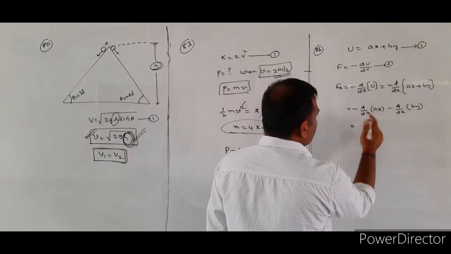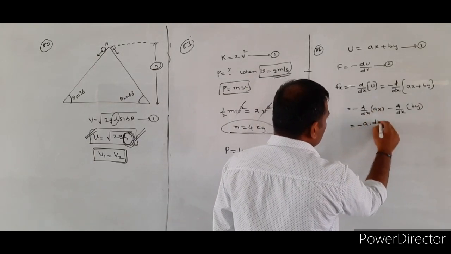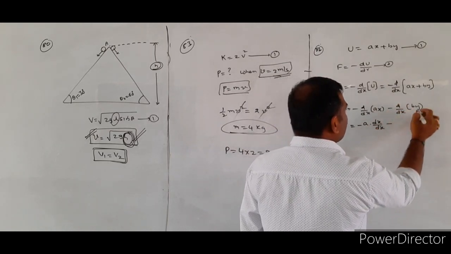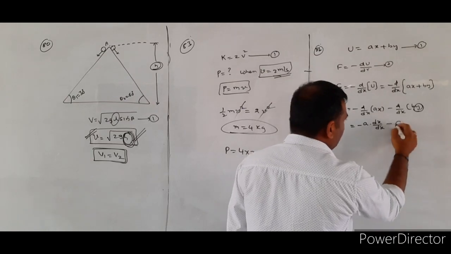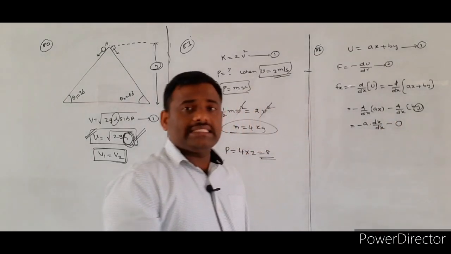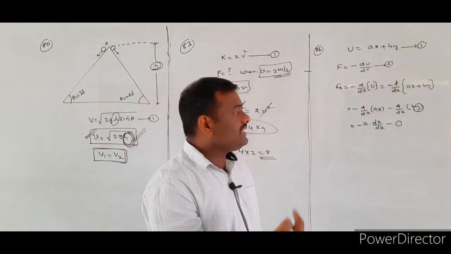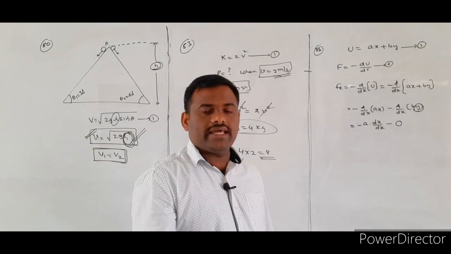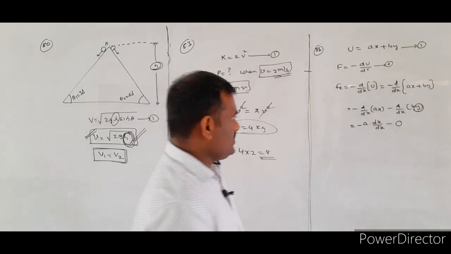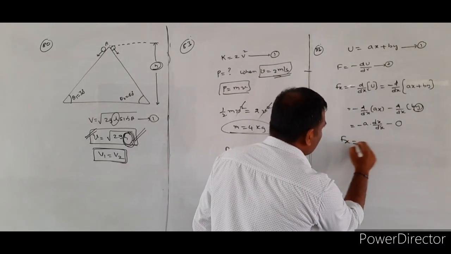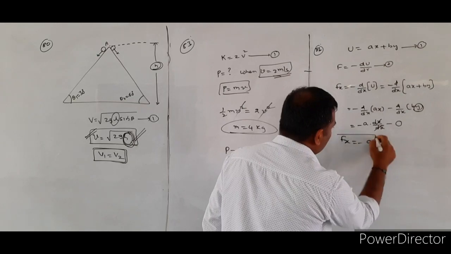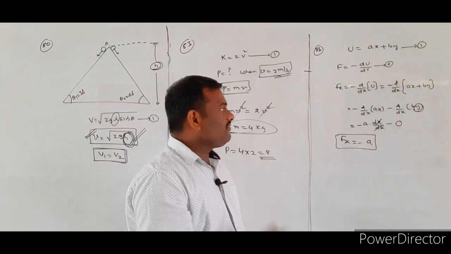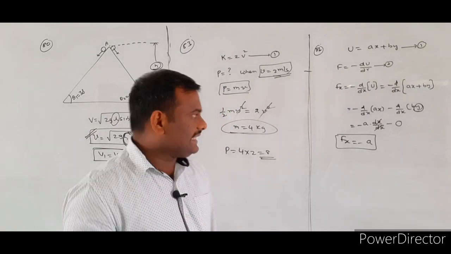A will be a constant, so the first term is minus a times dx by dx, and the derivative of the y coordinate with respect to x is equal to 0. Whenever you are differentiating with respect to x, any other coordinates present are treated as constants, so their derivative value is 0. Therefore, Fx is equal to minus a. That is the component of the force acting along the x-axis.